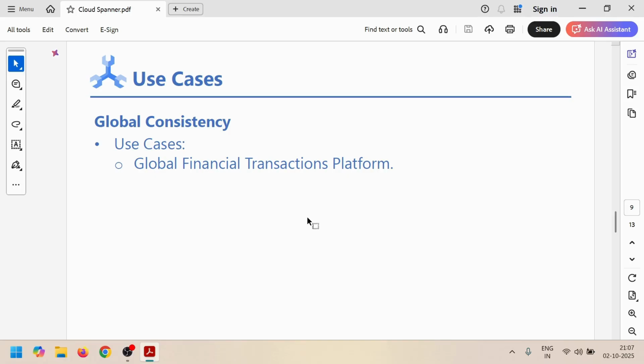Now, global consistency ensures that every transaction reflects the latest state of the database, no matter where it originates. A user in London transferring funds to a recipient in Mumbai sees the same balance and transaction status as the backend system in California. It prevents double spending and reconciliation errors.